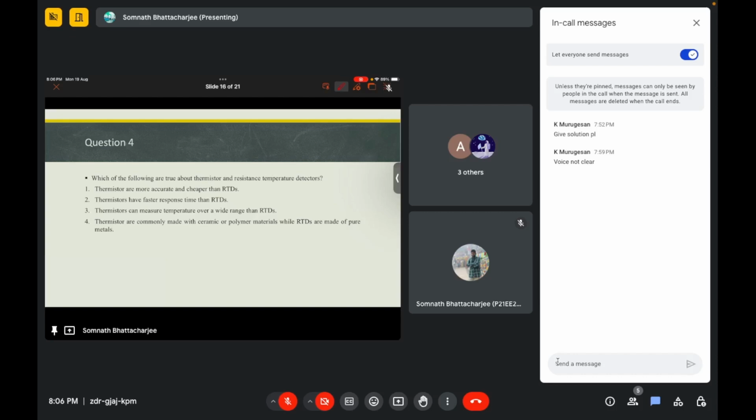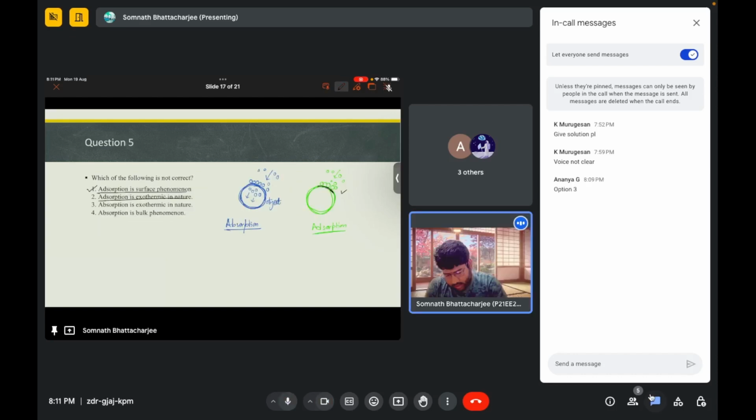So what happens in this case is that these surface particles are called the adsorbent particles, right? When they adsorb to the surface of this particle, the energy of this adsorbent decreases actually.